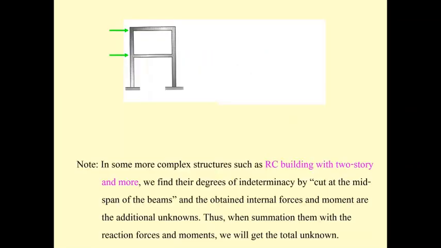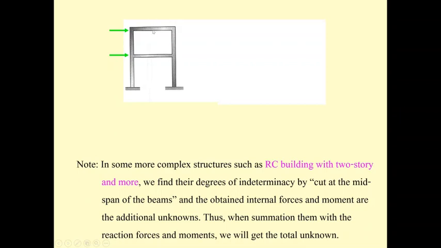Next, we come to the frame with 2 stories. Okay, this is the first story, this is the second story, and this is the roof. For this one, since there are beams connecting the columns, 2 of them, we have to cut the beam.